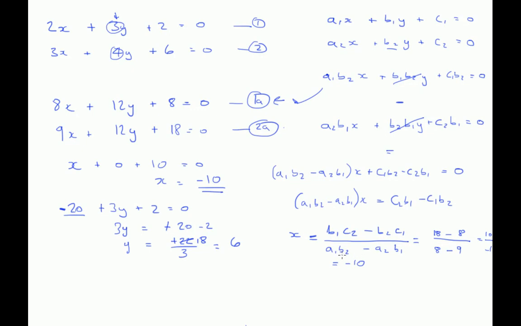Interestingly, if A1 B2 minus A2 B1 equaled 0, then essentially these two equations would be the same equation, so they'd be the equation of the same line, so that would have infinite solutions, as every point on that line would correspond in both lines, the lines that these equations represent.